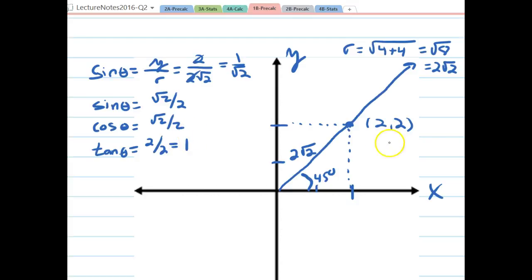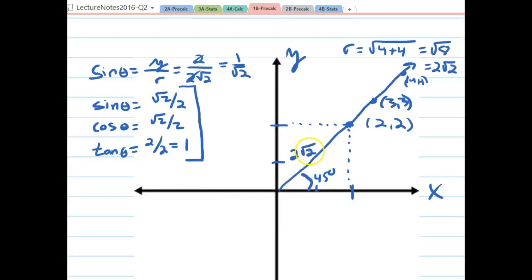Now, the interesting thing about this is if I had picked the ordered pair 3, 3, which also happens to be sitting along this line whose rotation created the 45-degree angle, or if I came out here to 4, 4, these ratios are not going to change as long as the point that I'm using is falling along this line which created the 45-degree angle.